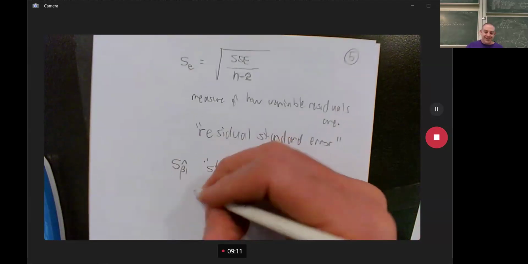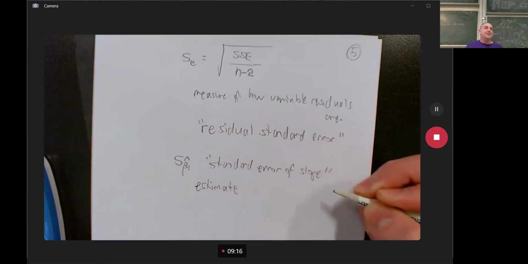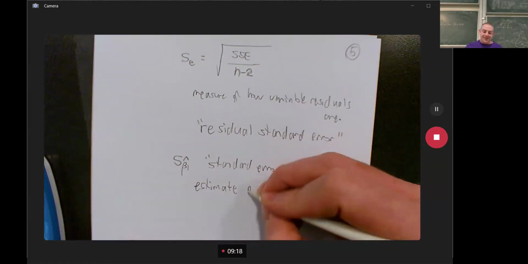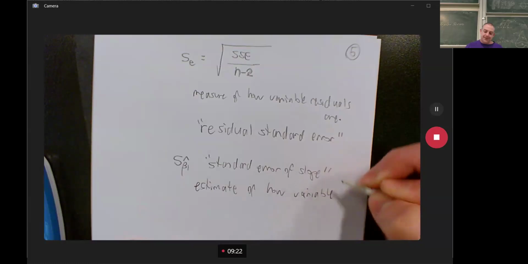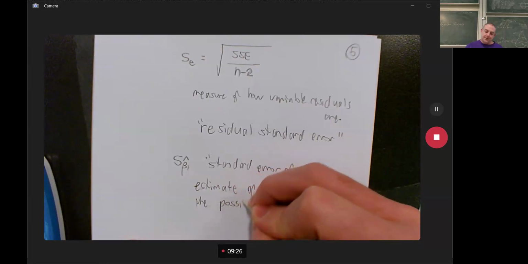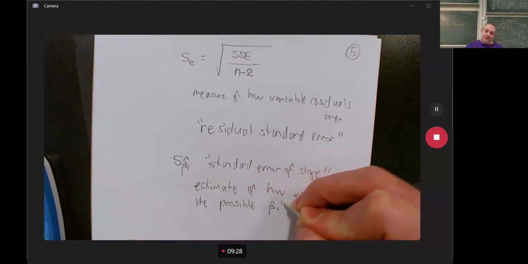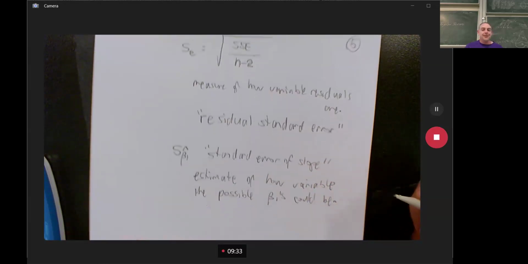So yeah, it's an estimate of how variable the beta 1 could have been.